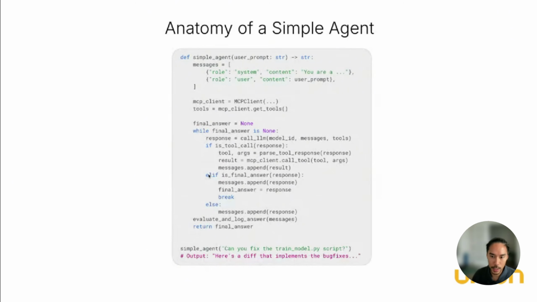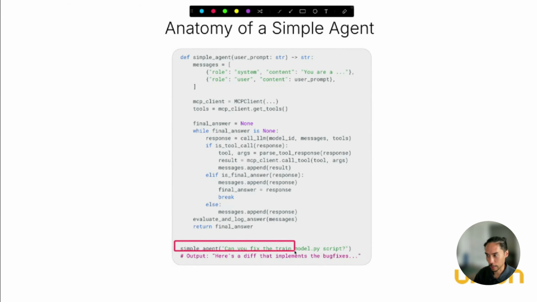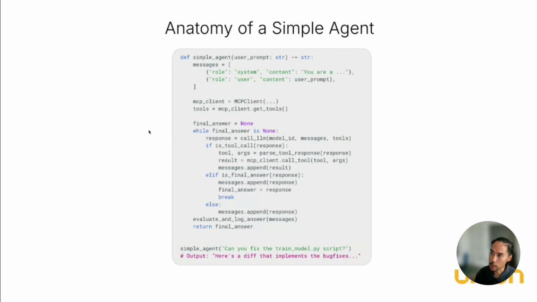So digging a little bit deeper here, hopefully everyone can read this fairly straightforwardly, but to walk through it, you have a simple agent function call here that we're just calling, can you fix my train_model.py script? The intended behavior is that it outputs a diff of the changes that it wants to apply to that script. So this is like a bug fixing agent. First you have the short-term memory, let's call it.